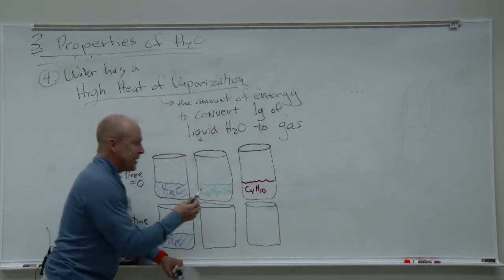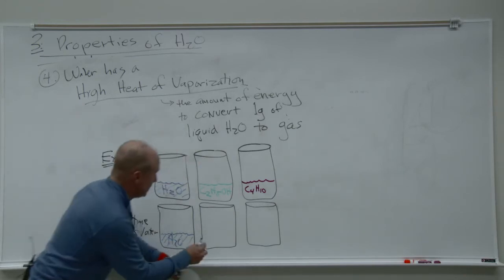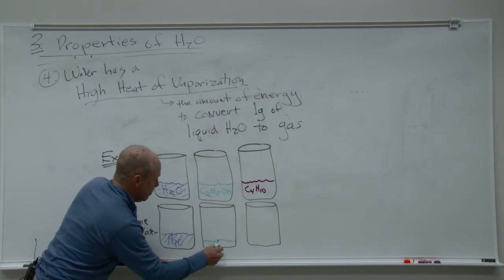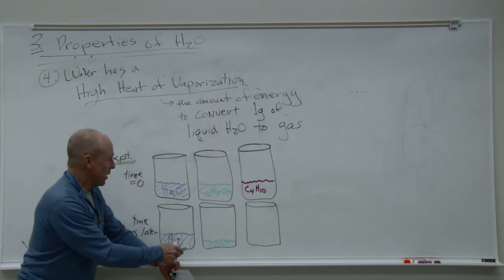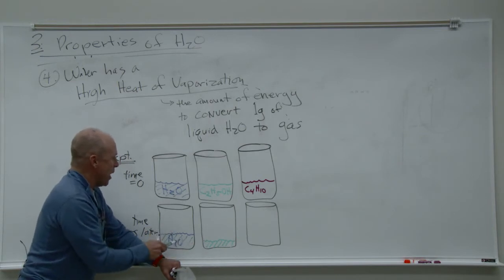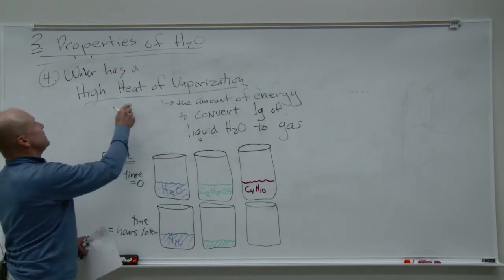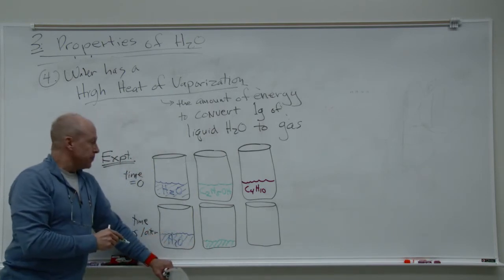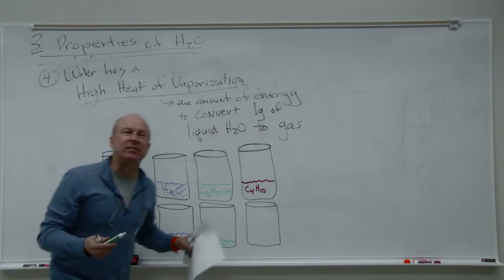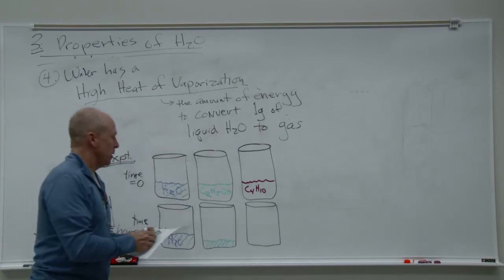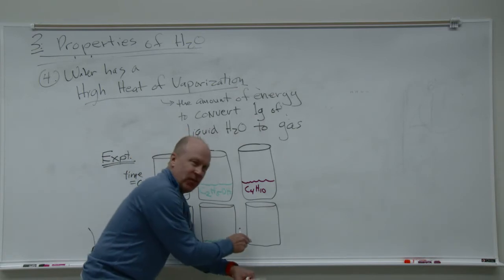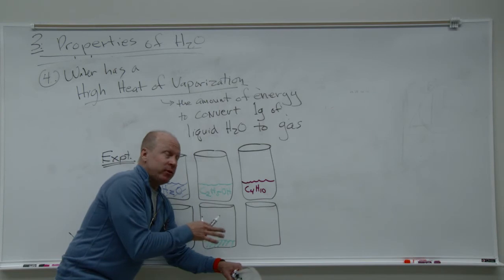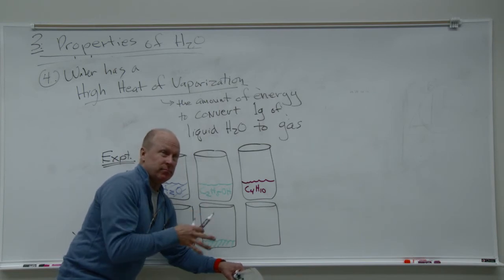So I'm going to tell you, you may have predicted this, ethanol is going to evaporate a lot more in this time period than water because ethanol has a lower heat of vaporization. It more easily vaporizes is the idea. The last one is very interesting. If we wait for several hours, butane is pretty doggone volatile.